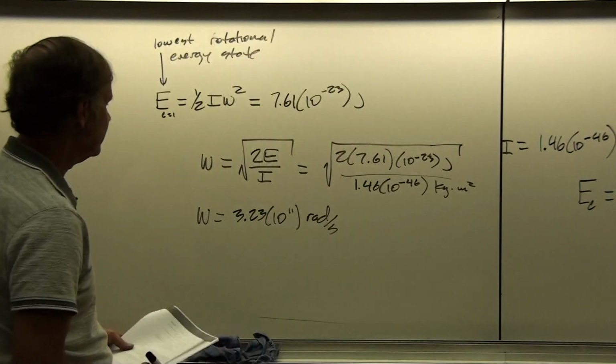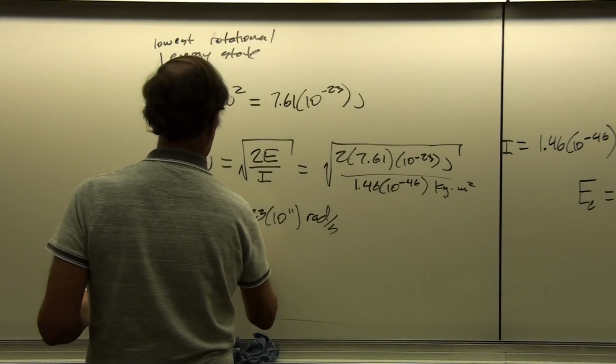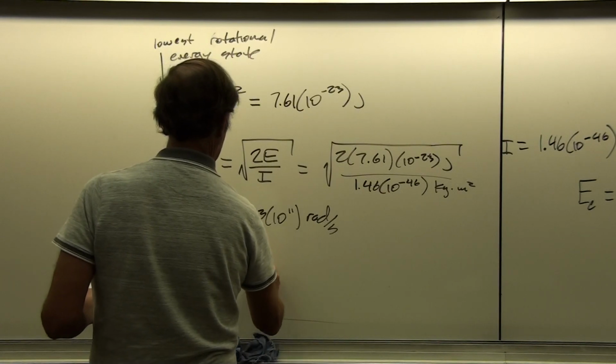Now if we want to convert that into frequency, f would be omega over 2 pi.